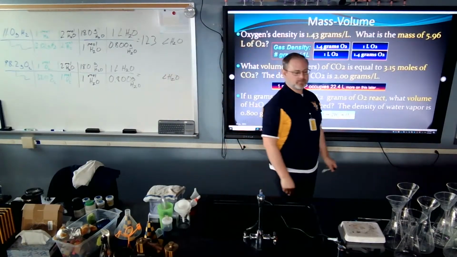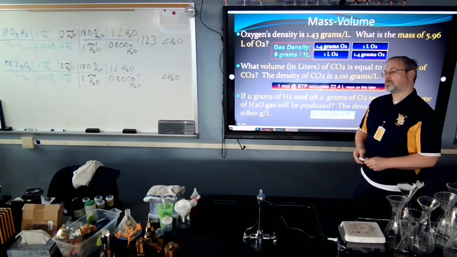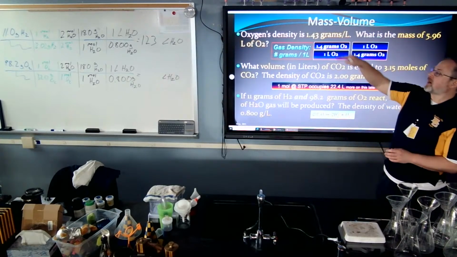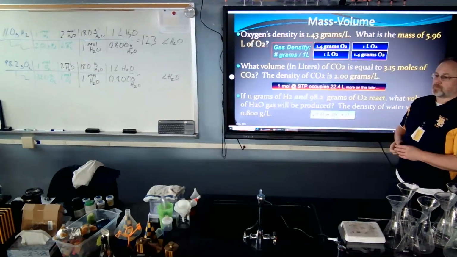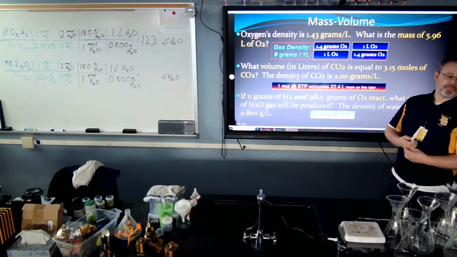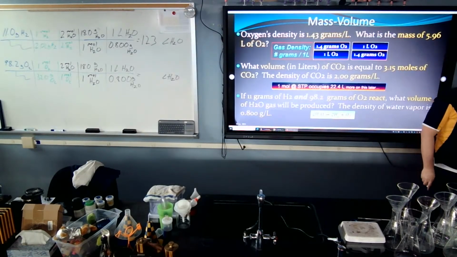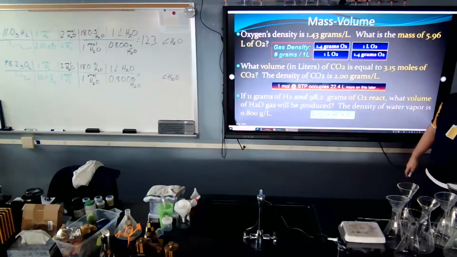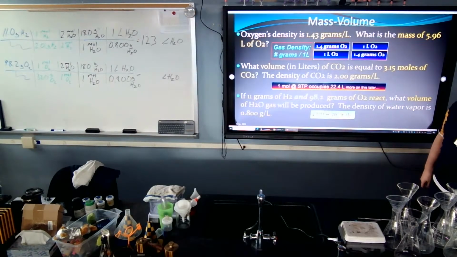Oh, it's because I did the top one divided by the bottom one. All the top divided by all the bottom. So if hydrogen is our limiting reactant, we would make 123 liters of water vapor.